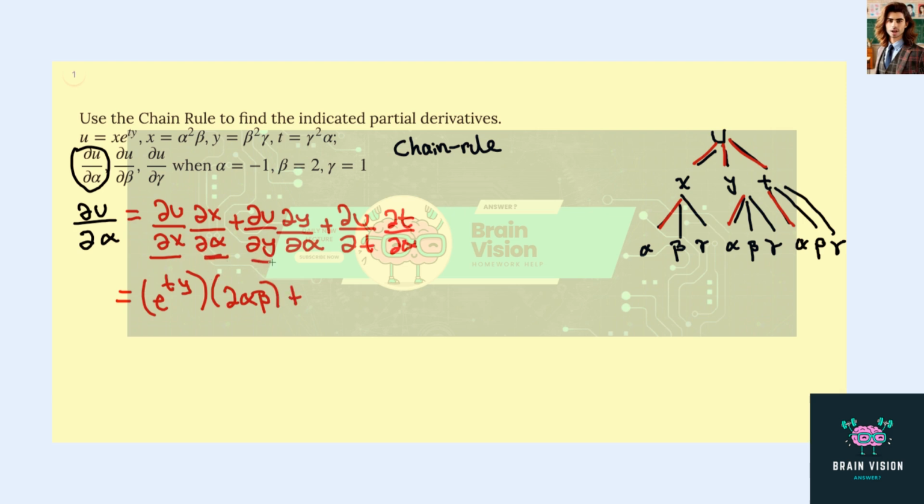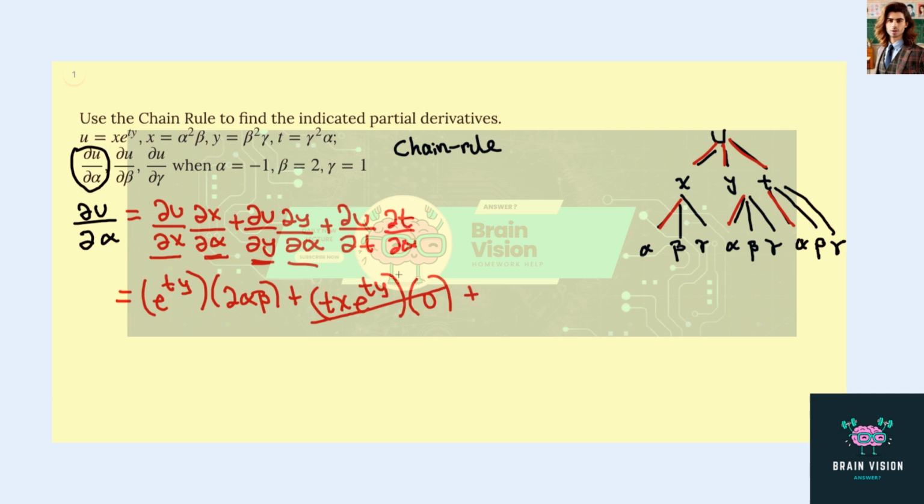And then up next over here, derivative of u with respect to y. And that's a times derivative of y with respect to alpha, and we can see here that y doesn't depend on alpha, so that's just 0. And that'll make this whole term go away.